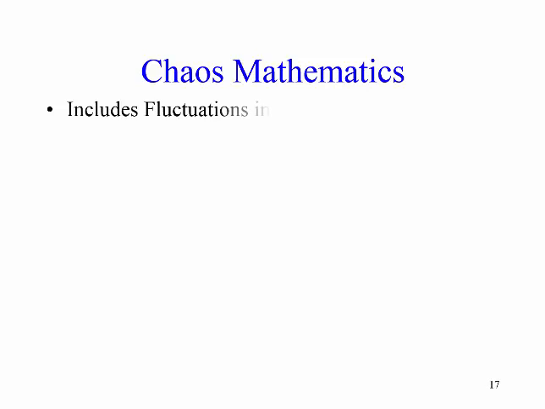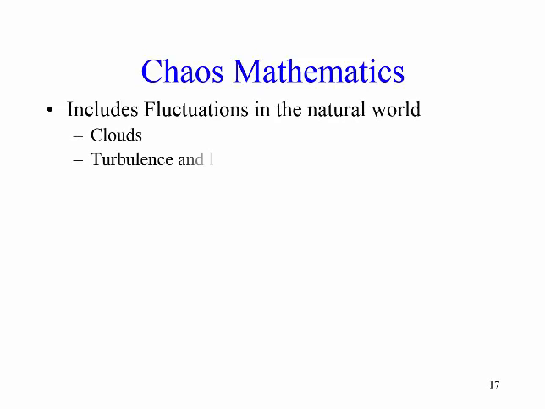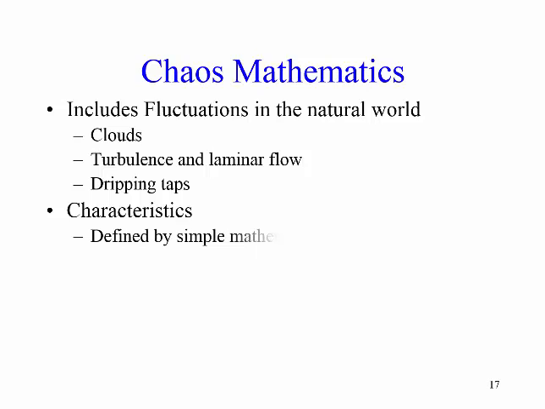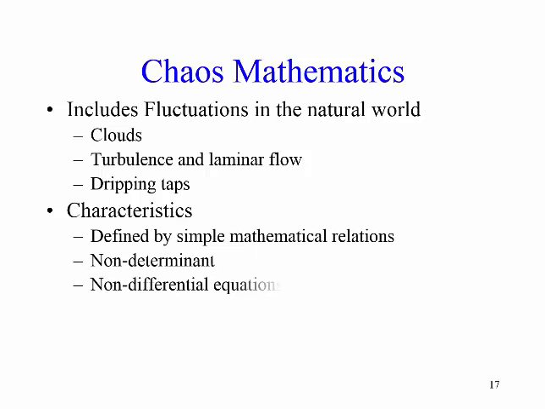It was the attempts by scientists to understand and predict the weather that led to a new and exciting branch of mathematics known as chaos mathematics. Chaos mathematics describes the behaviour of fluctuations in the natural world.